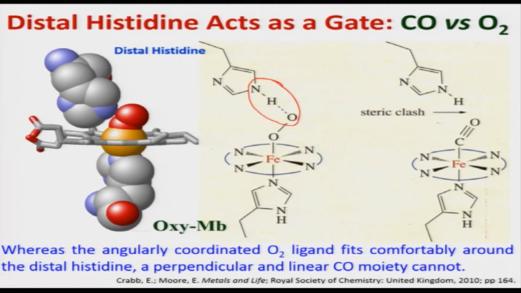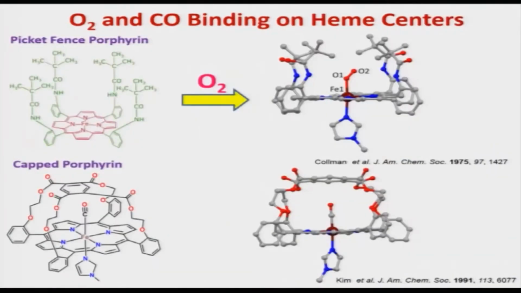So, it is interesting to see, whereas the angularly coordinated dioxygen ligand fits comfortably around the distal histidine, a perpendicular and linear carbon monoxide moiety cannot. It is forced to bind in an angular fashion. If you look at the literature, there are many such molecules which are structurally characterized.